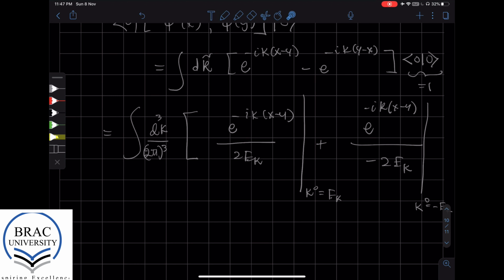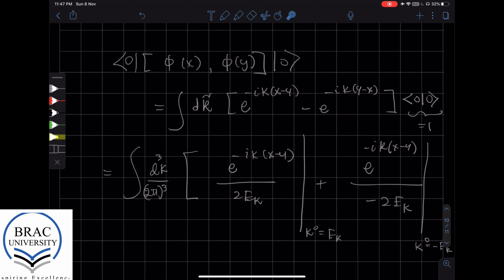So for the k0 element, this sign would flip and become positive, and we will have plus i k0 (x0 minus y0), which is exactly what this is over here.